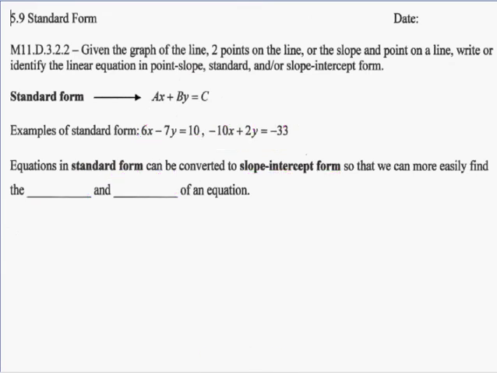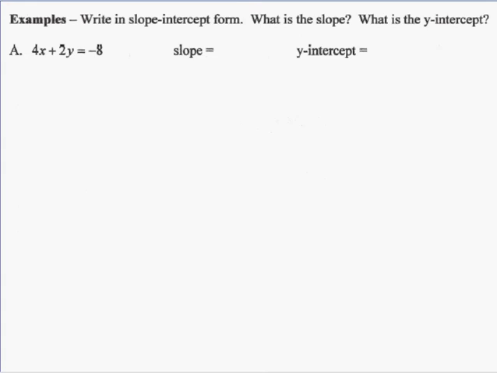Alright, so let's go ahead and go to the next slide here where we have a couple problems. So what we want to do is take this equation, 4x plus 2y equals negative 8. We want to put it in slope-intercept form, and then we want to identify the slope and the y-intercept.